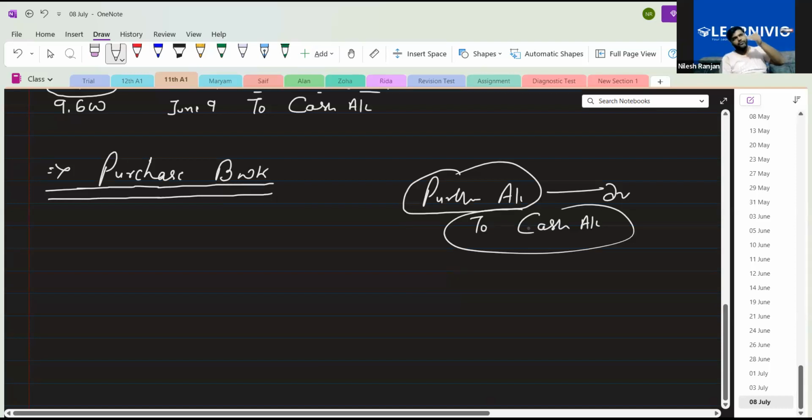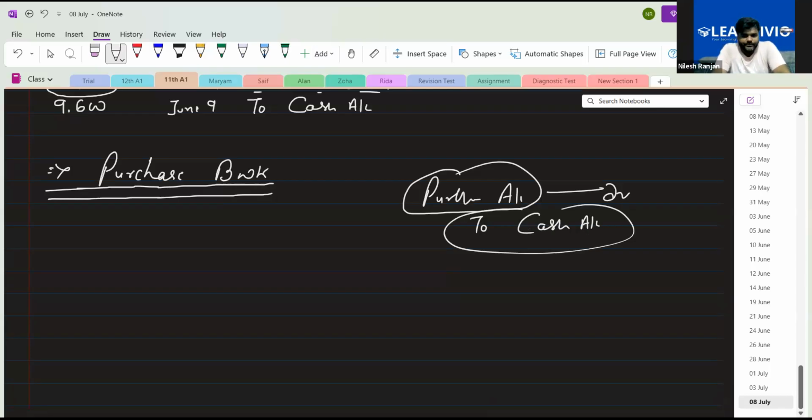So the list of items will be written, then the amount of each item, like the unit rate, the quantity, and the final amount. And after that, if there is any trade discount, GST, or anything else, it will also be written there.